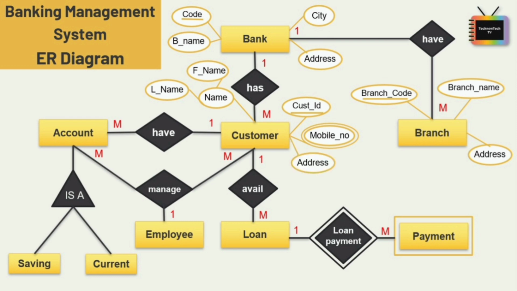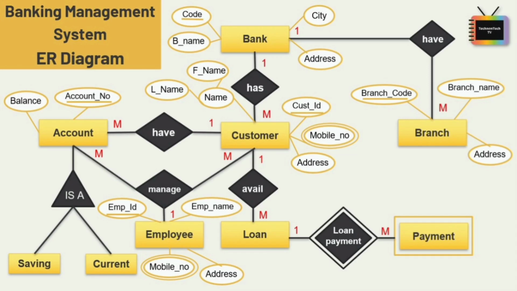And then address. Next we have account entity. So for this we have 2 attributes, account number and balance, and here account number is the key attribute. Next we have employee entity. For this we have 4 attributes: employee ID, employee name, mobile number and address, and employee ID is a key attribute here.